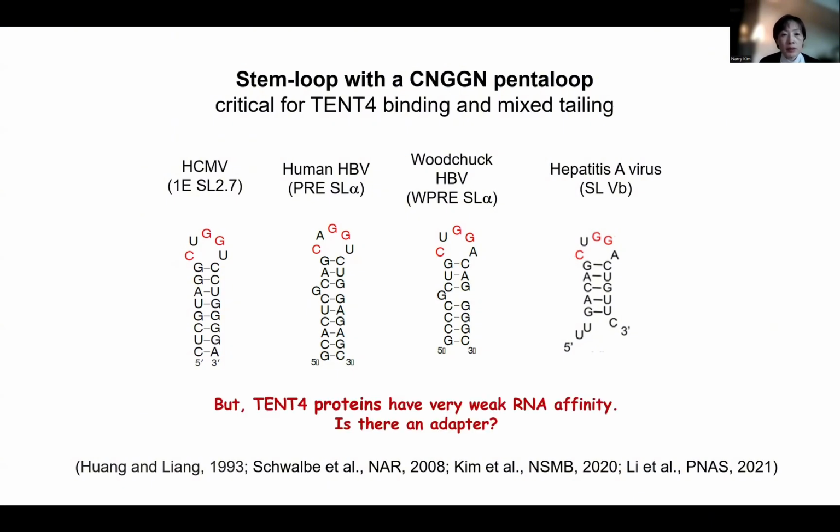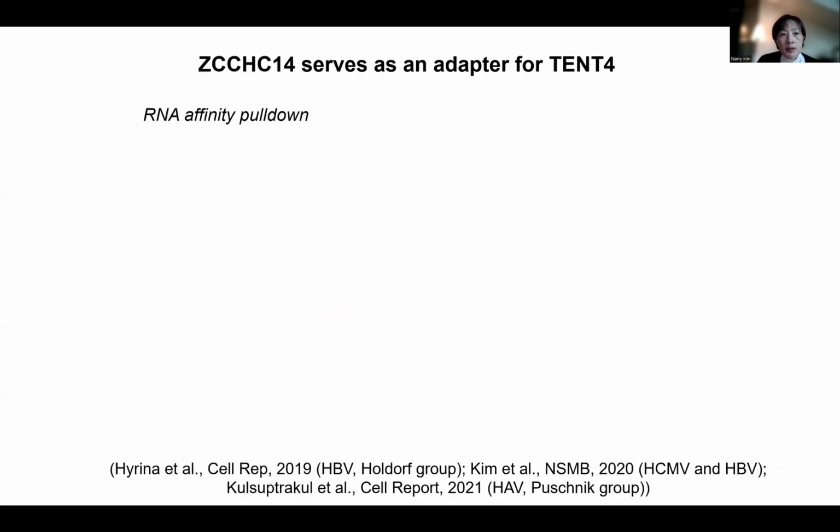But we knew by then TENT4 proteins have very weak RNA affinity, so we were curious if there is an adapter molecule that assists the interaction between the RNA and the enzyme. So we set up an RNA affinity pull-down experiment using the HCMV RNA as a bait.